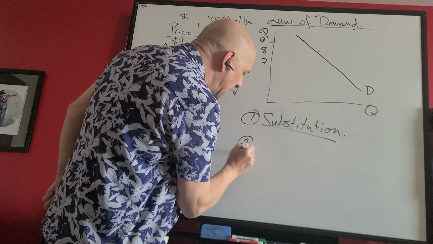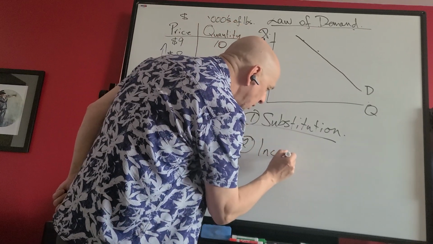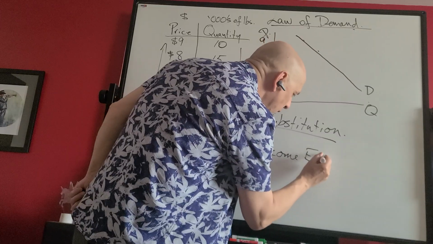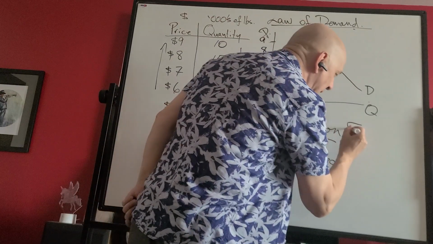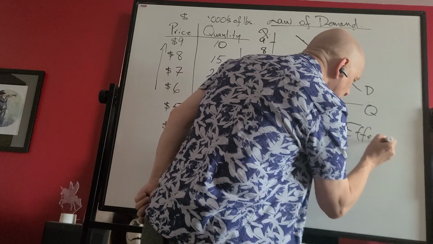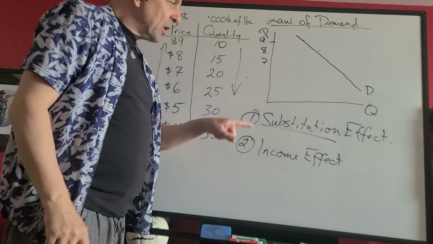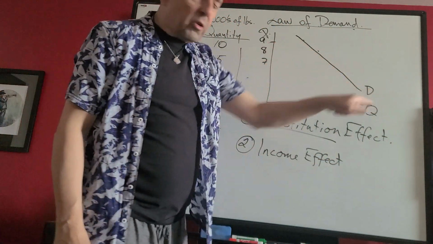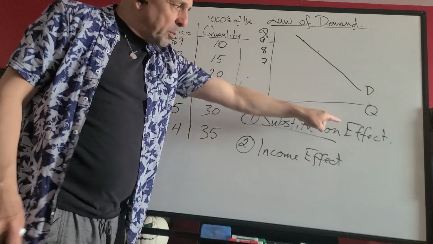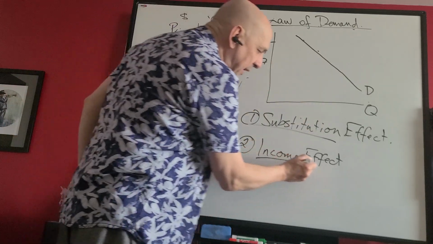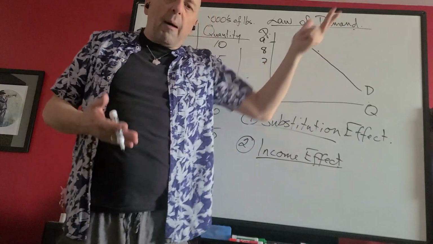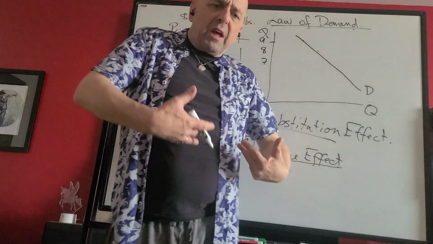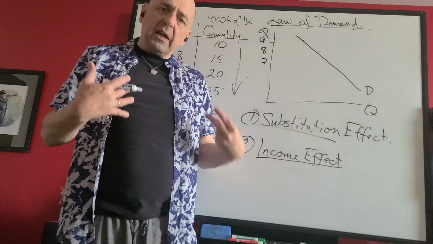The other one is the income effect. So I should put the word effect here. So two reasons for a downward sloping demand curve. One being that we can substitute, the other being the income effect. As the price of beef goes up, it starts to represent a larger proportion of the income that I have.